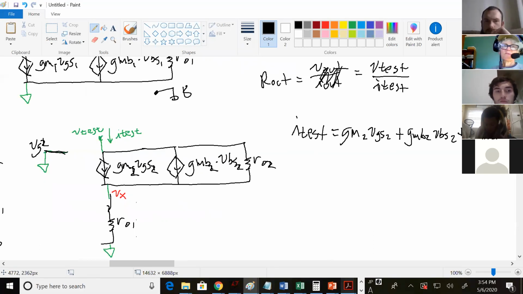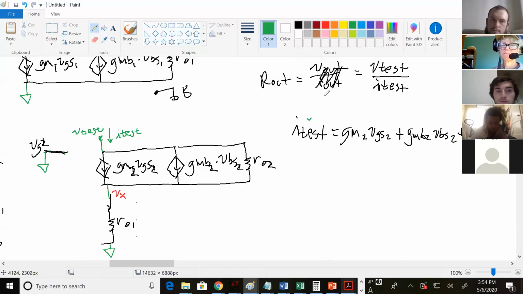Okay, now the mechanical way to go about this is to say I want an equation with only V test and I test in it. The R out equation only has V test and I test in it. So any voltages or currents in the equation I just came up with that aren't V test or I test, I have to get rid of them.